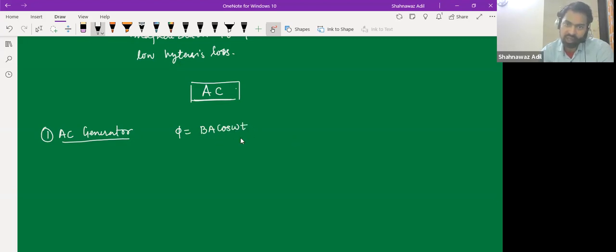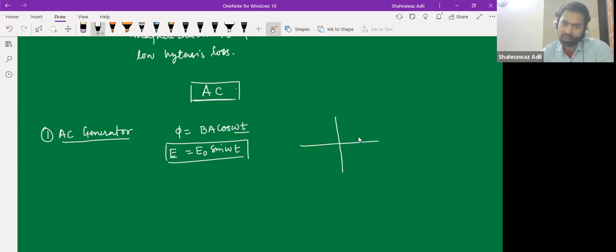And then we created an EMF which was E naught sine of omega t, where E naught was the peak voltage and this was the sinusoidal, instantaneous behavior. Then we saw the graph of this was E naught sine omega t.